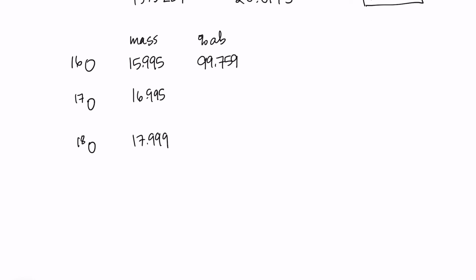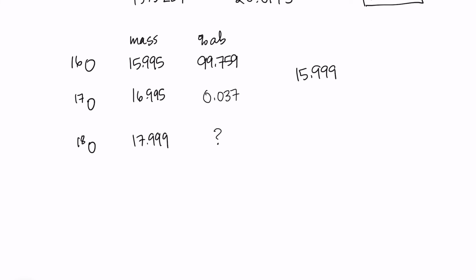And I know for oxygen 17, it's 0.037%. But I don't know what the natural abundance is of oxygen 18. I do know when I look on the periodic table that the average atomic mass is 15.999. So what I want to do is calculate the percent abundance of my oxygen 18.